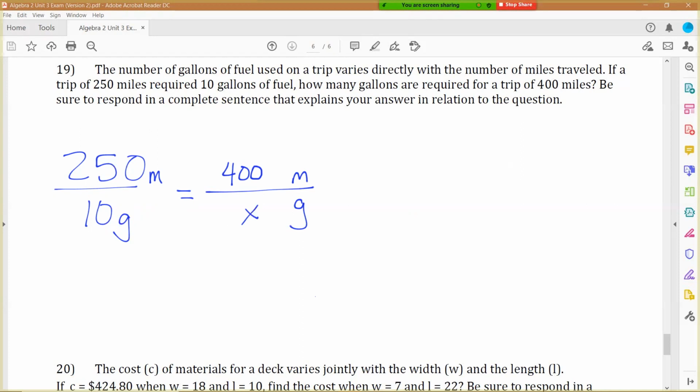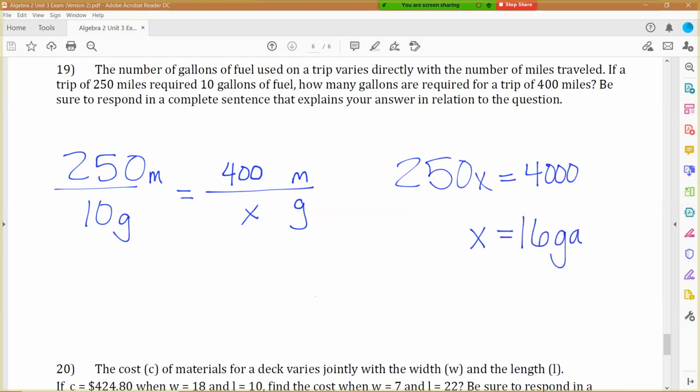So I'm going to multiply 250 times X or 250 times G. And then I'm going to cross multiply 400 times 10 to get 4,000. Then I'm going to divide by 250 to get my answer of 16 gallons.